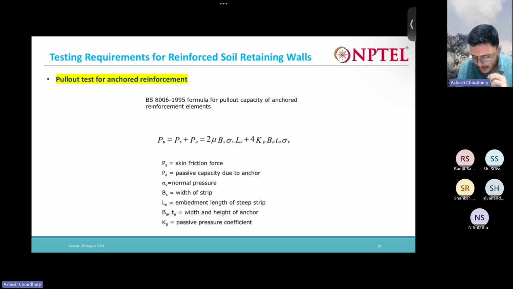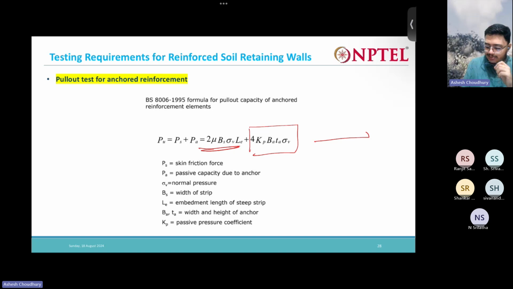Now say we have an anchored reinforcement. In anchored reinforcement, apart from the frictional resistance, we have a component from the passive resistance. So we have a reinforcement like this, which is anchored.